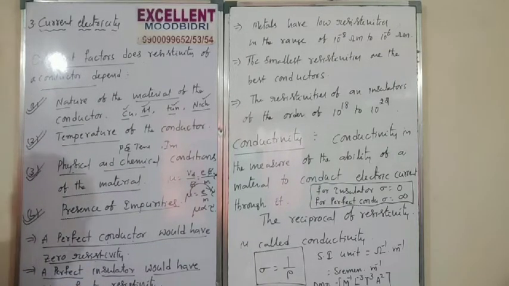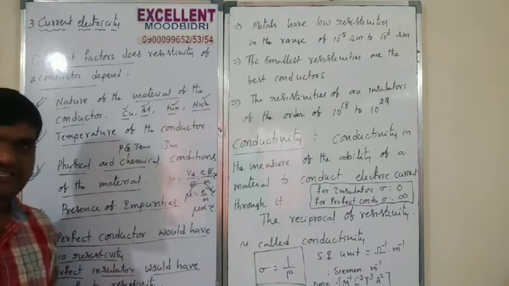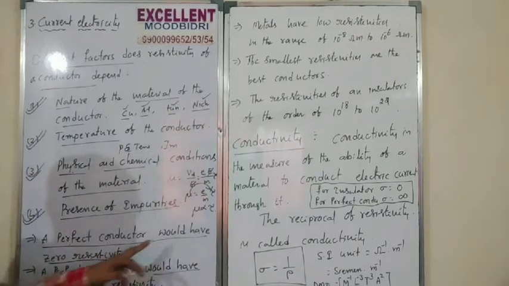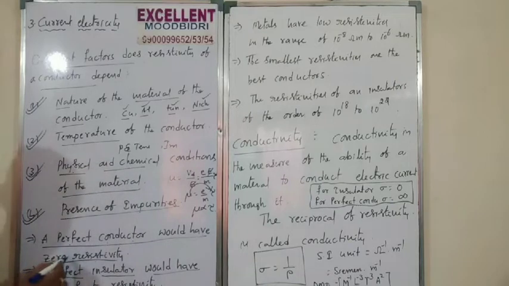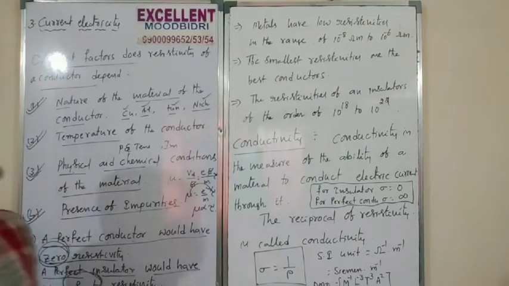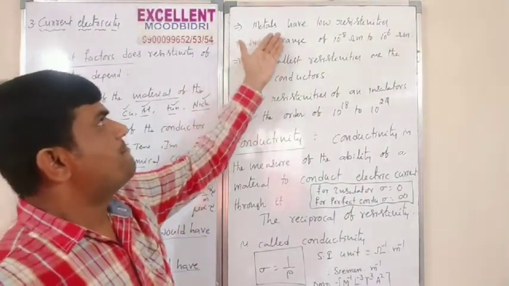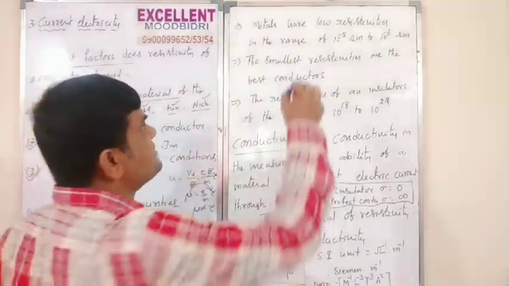A perfect insulator has infinite resistivity, and a perfect conductor has zero resistivity.